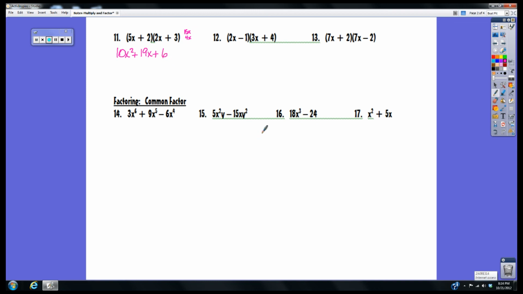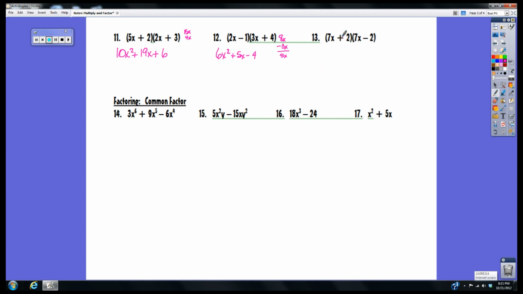Okay, number 12. 2x times 3x is 6x squared. Outsides, 8x. Insides, negative 3x. Combine those. 5x in the middle. Right, multiply the last ones together. Negative 1 and 4 is negative 4.